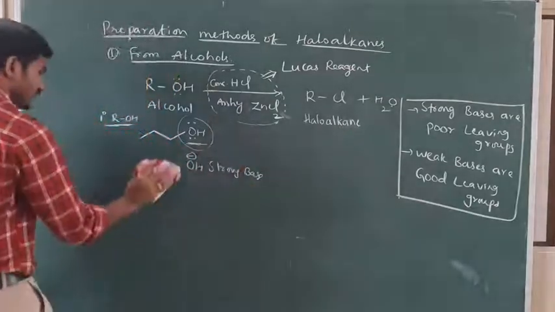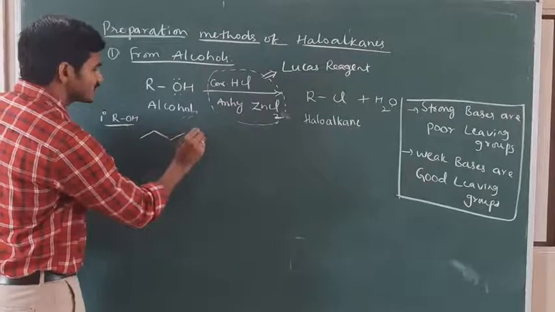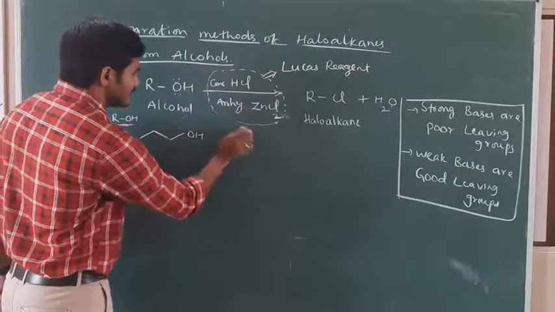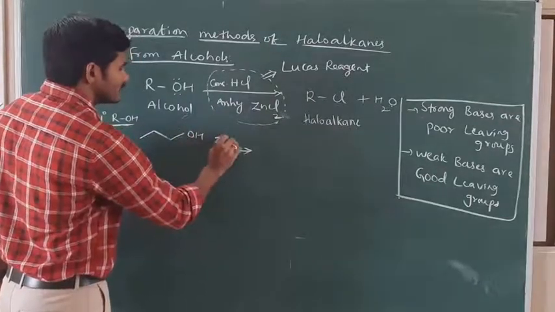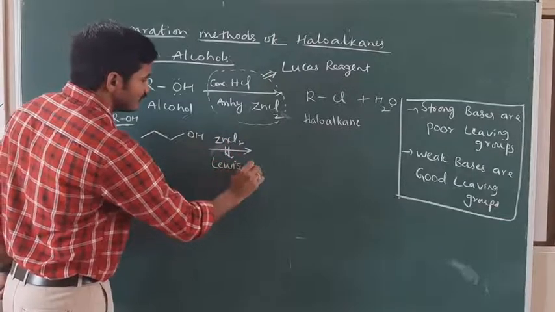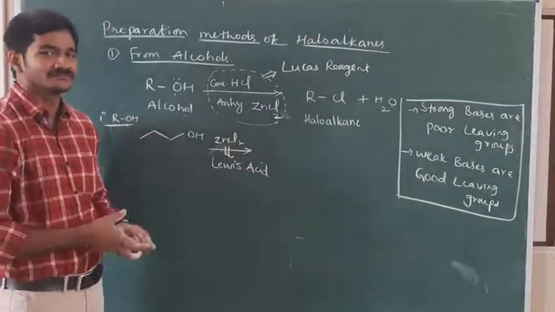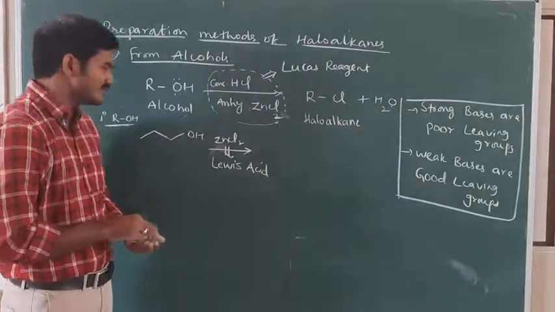So instead of eliminating OH minus directly, it reacts with ZnCl2. ZnCl2, we know, is a Lewis acid. Lewis acid means what? Electron pair acceptors. Lone pair acceptors are said to be Lewis acids.